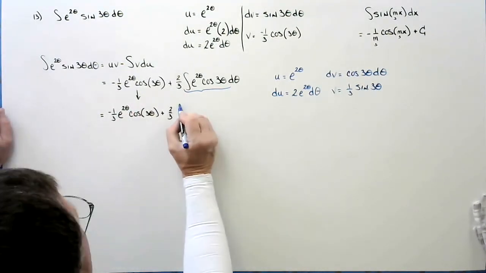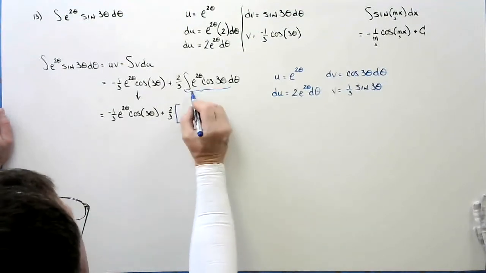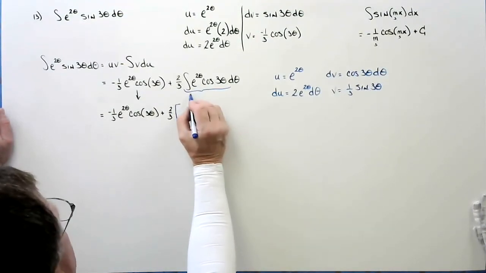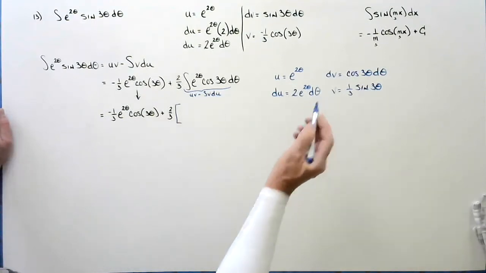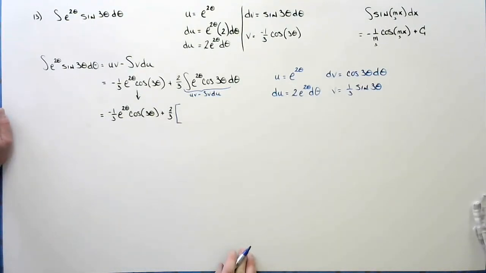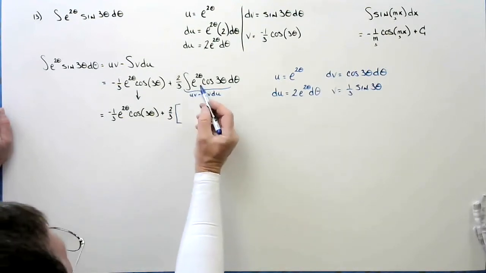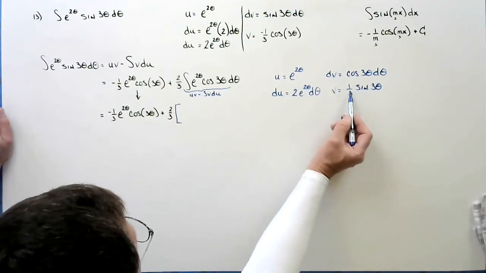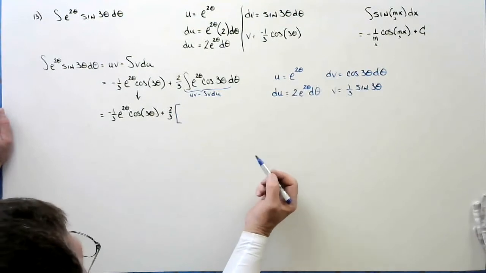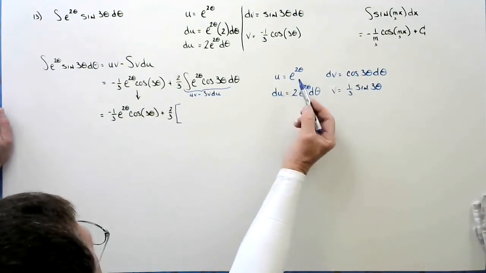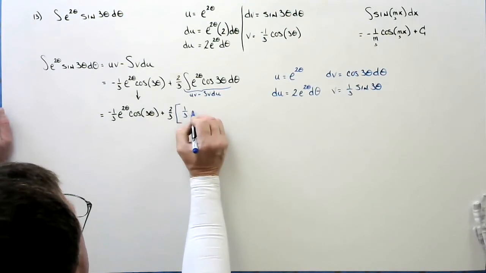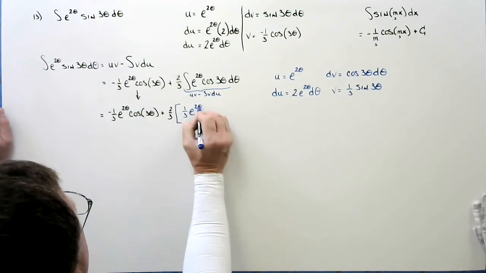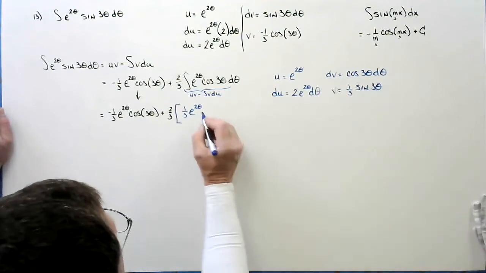And then here, because this is integration by parts, we're going to have uv minus the integral of v du from our blue work off to the right-hand side. uv here is going to be 1/3 times e to the 2 theta times sine 3 theta.